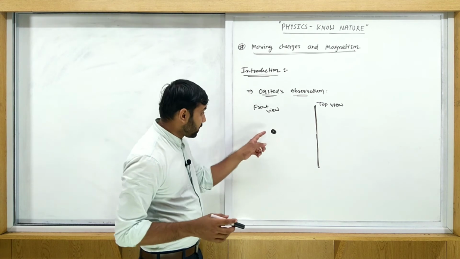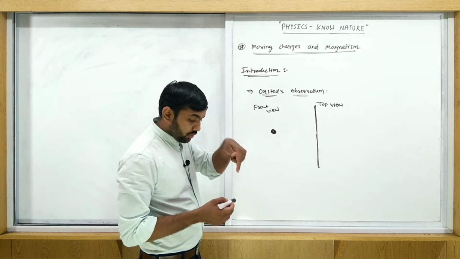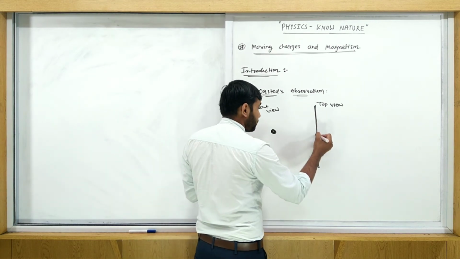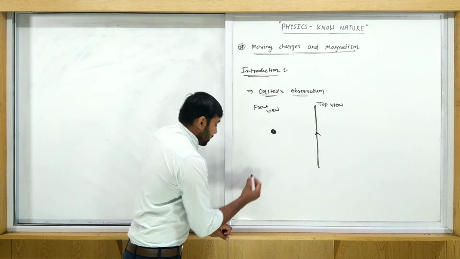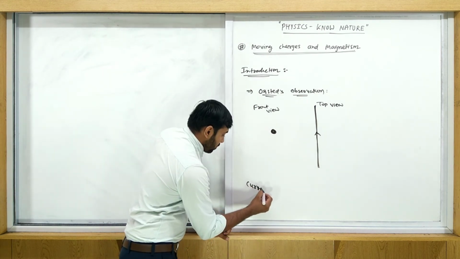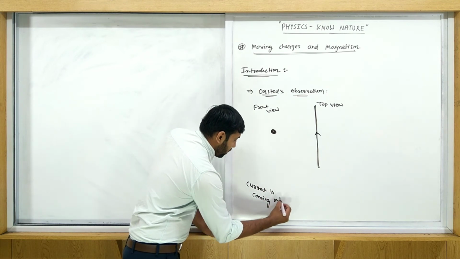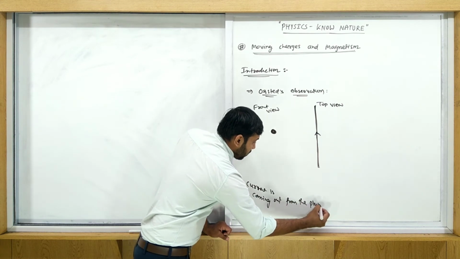Consider this electric current passing through the wire is just coming out from the plane. If you see from the top, it is coming out like this. Suppose this current is coming out from the plane.